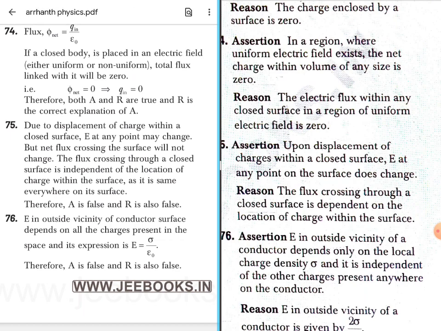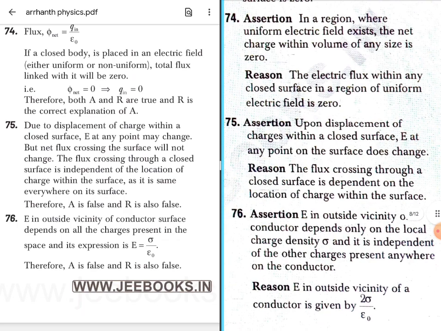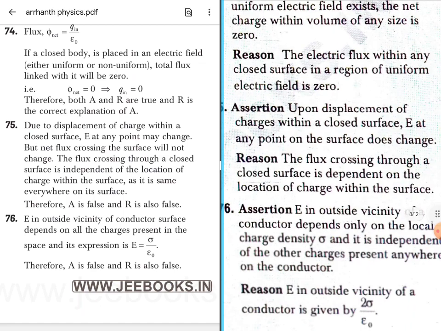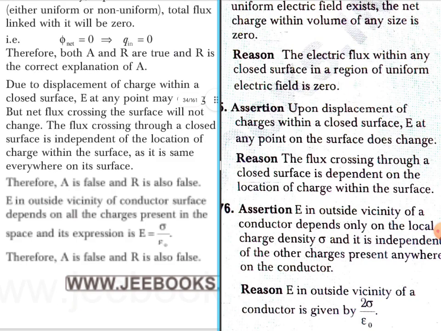So what can we say? Upon displacement of the charge within the closed surface, E at any point on the surface does change. Isn't it true? Because the electric field is 1/(4πε) q/r² and depends on the position r. So if you change it around, definitely E will change. I don't agree with the answer that he has put.